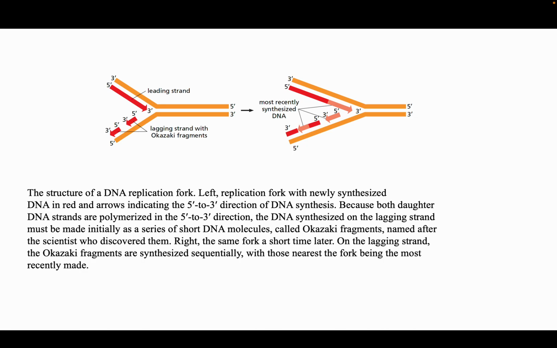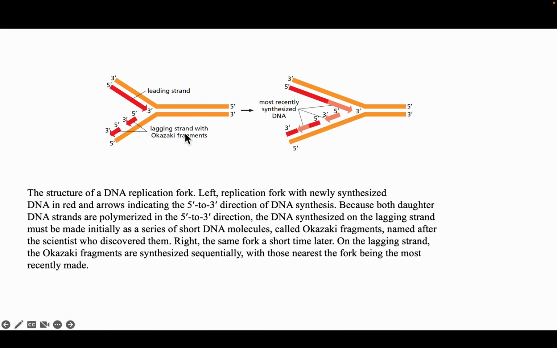These are called Okazaki fragments, the most recently synthesized DNA. At first this will synthesize, then some amount will again unwind, and then this will synthesize, and like that. This is the replication fork structure.